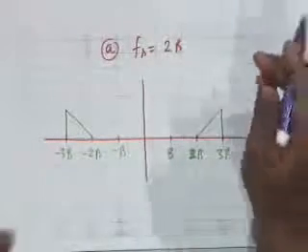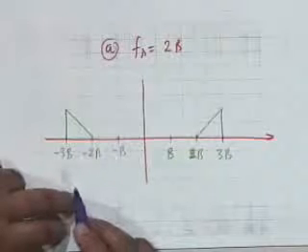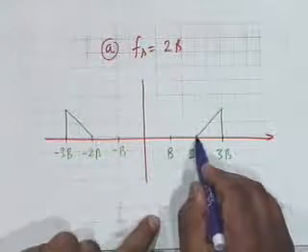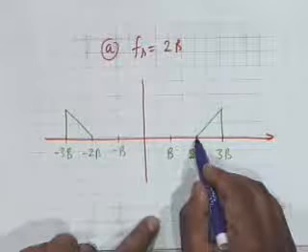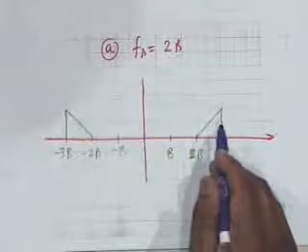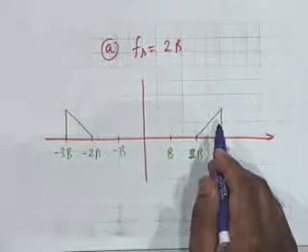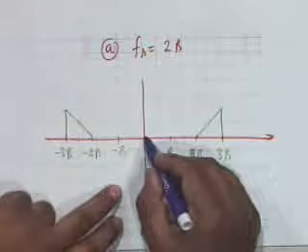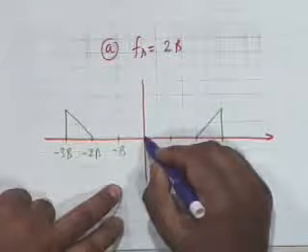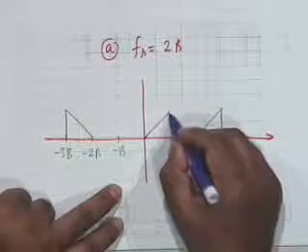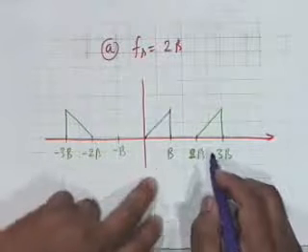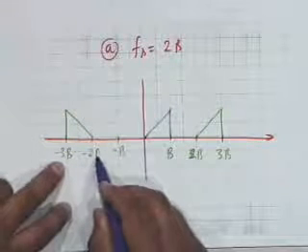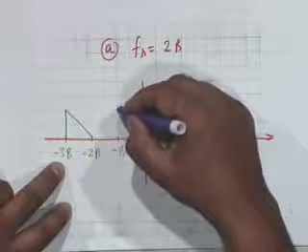It's a periodic repetition, and the sampling frequency is 2B, and therefore this spectrum shall be repeated starting from minus 2B and 2B plus 2B. 2B minus 2B is 0, and therefore it starts here and goes like this. All right, and then this one also repeats like this.